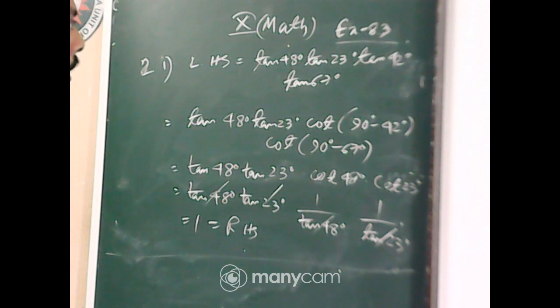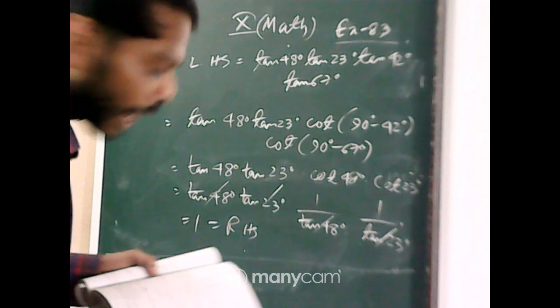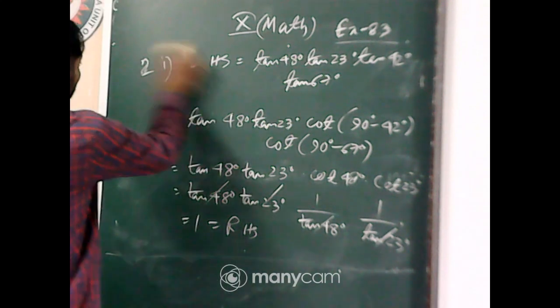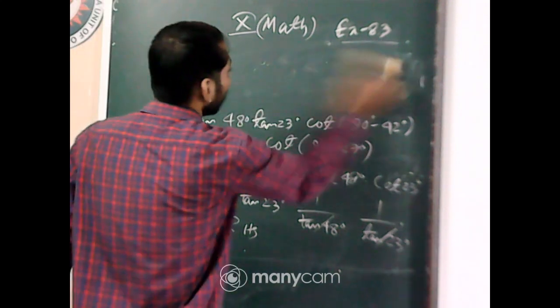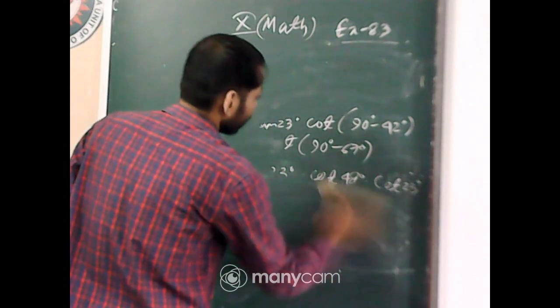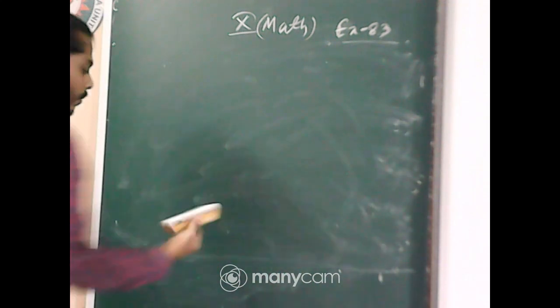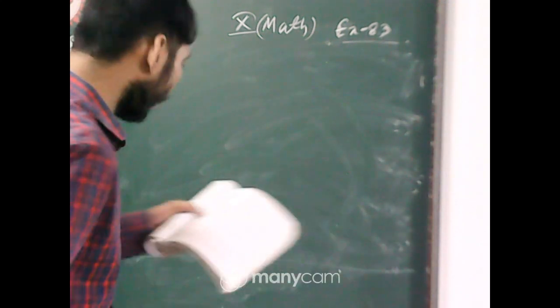Who is typing, type it first. Madhurja, Sneha, yes, done. Sneha, Swastika, yes sir, okay. So now move on to the next one. Question number 2. I want that you are doing this one in your copy, okay? So the next one, question number 2 of 2.